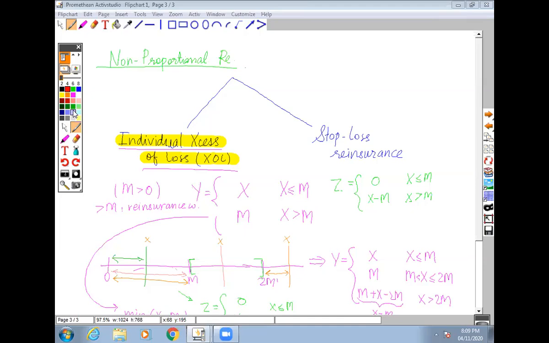So it can pay the 90% of the excess, and it can pay the 100% of the excess, which was what we had a look at. So right now what we said was, if the claim amount exceeds M, the 100% of the claim amount which has exceeded the value of M will be incurred by the reinsurance company. So it can also be the case that not all of that is incurred by reinsurance.